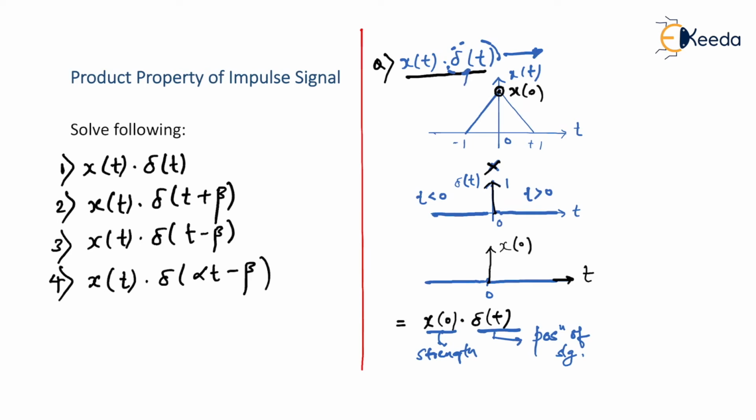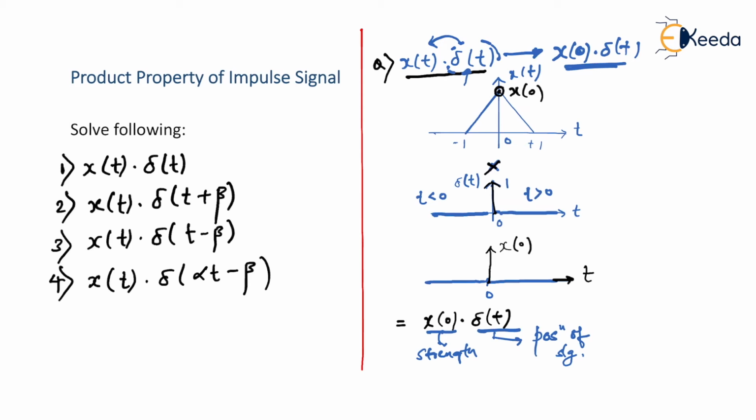So whichever time instant it is present at, substitute that t value in the x of t expression. Once again, del of t is present at t equal to 0, so substitute t equal to 0 in x of t. In effect, it becomes x of 0, and keep del of t as it is. That becomes your final answer.